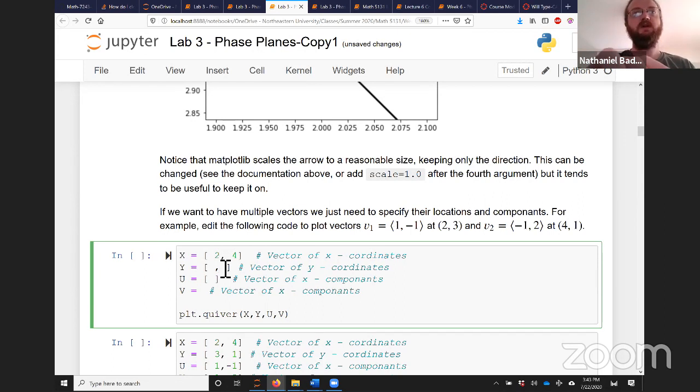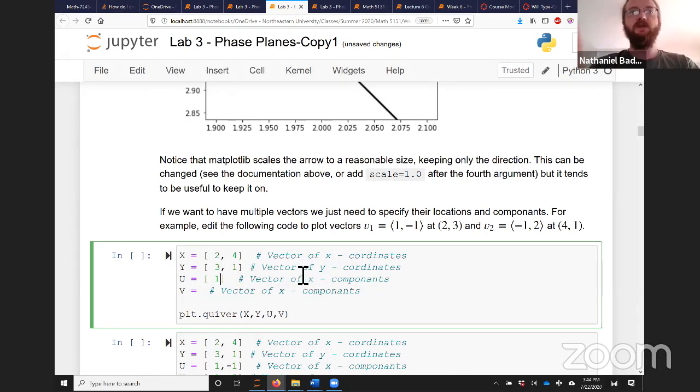If we've got two vectors, one starting at 2, 3 and one starting at 4, 1, one pointing in the direction 1, -1 and the other in the direction -1, 2, we collect all the x components and all the y components. So this is 3 and 1, great. We've got our 2, 3 and 4, 1.